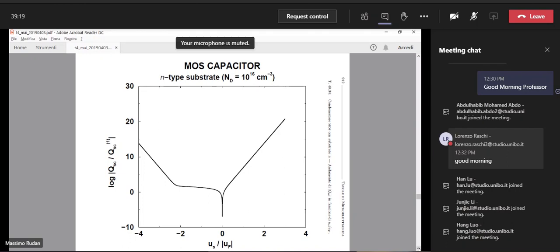So in this case, we have accumulation on the right, that is a positive surface potential, because accumulation for the n-type substrate means that we have an excess of electrons near the surface.